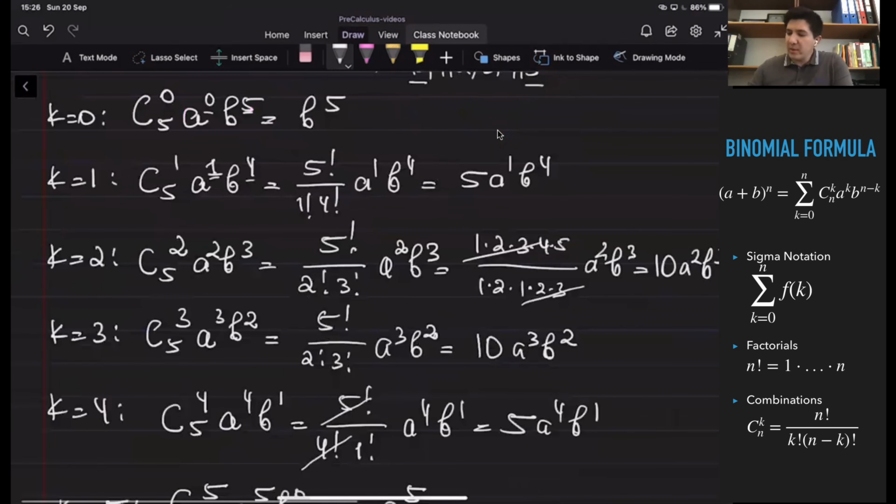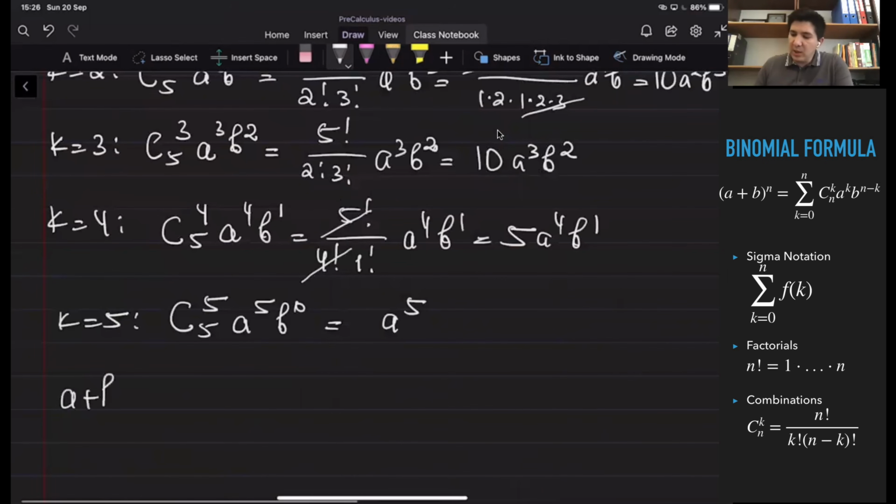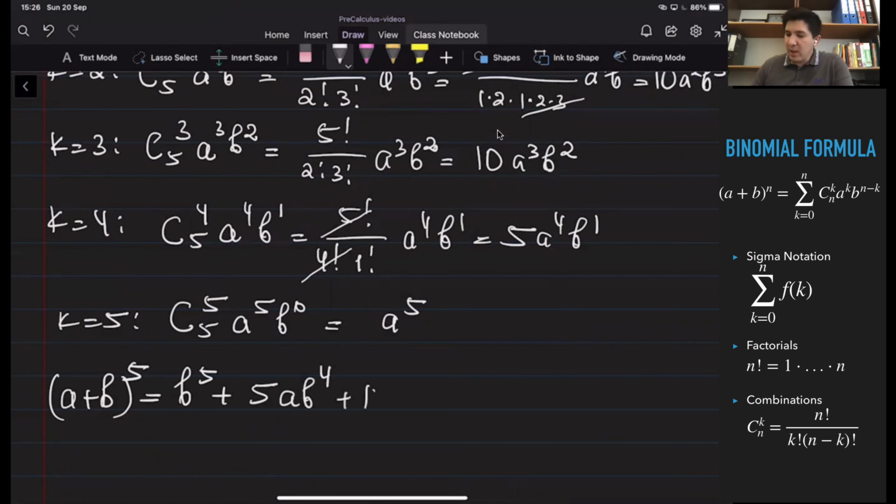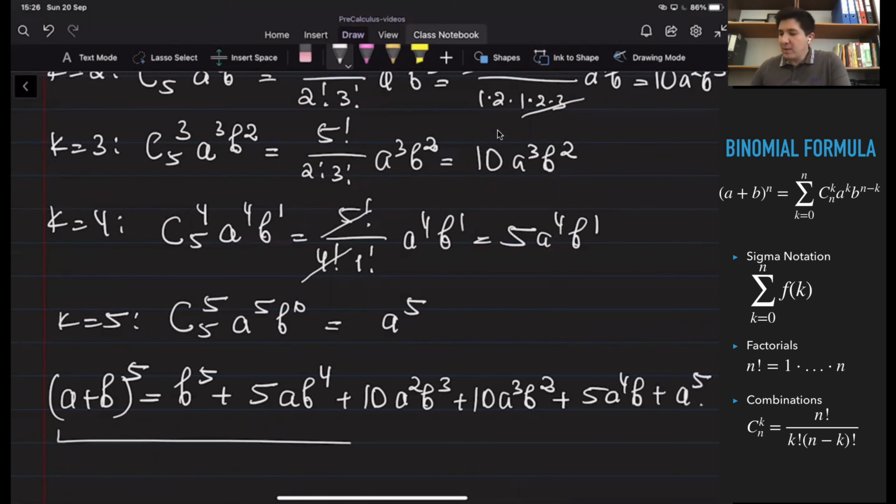So (a + b) in the power of 5 is going to be b^5 + 5 a b^4 + 10 a^2 b^3 + 10 a^3 b^2 + 5 a^4 b + a^5. This is how the binomial formula works. In our next videos, we're going to discuss how to use the binomial formula in order to calculate the powers of polynomials.